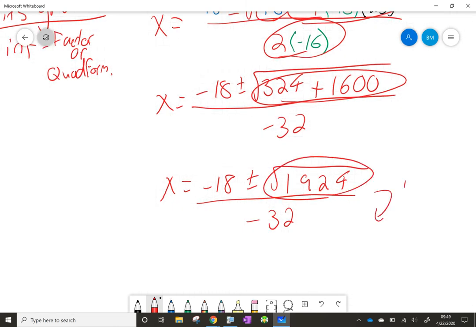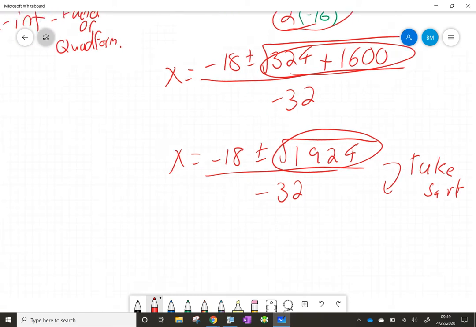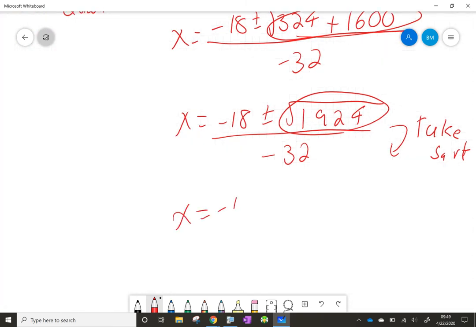Remember, once we work it out, the square root won't be there anymore. The square root of 1924 is 43.86. So x equals negative 18 plus or minus 43.86 over negative 32.